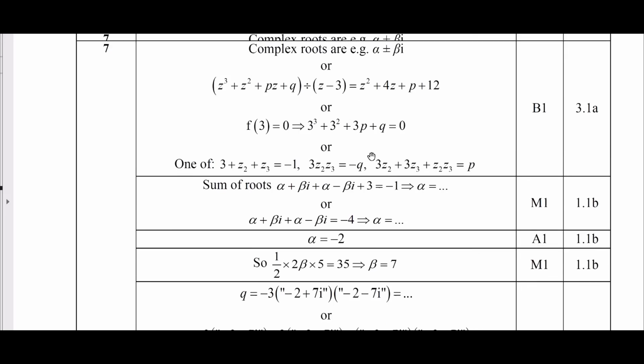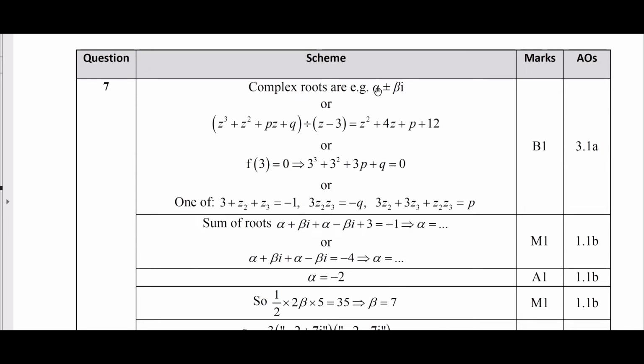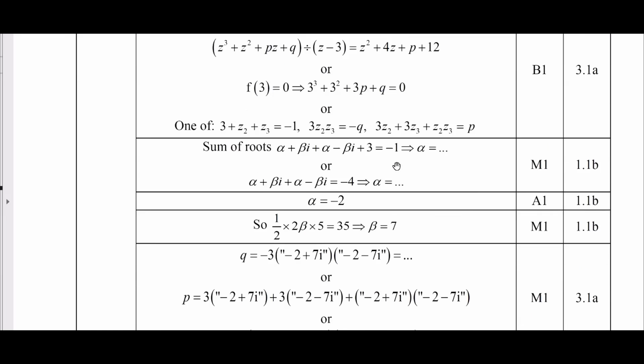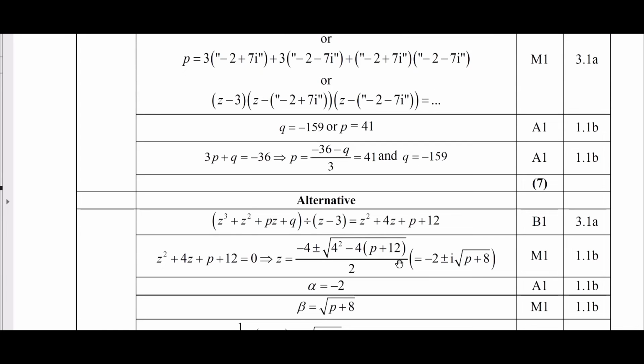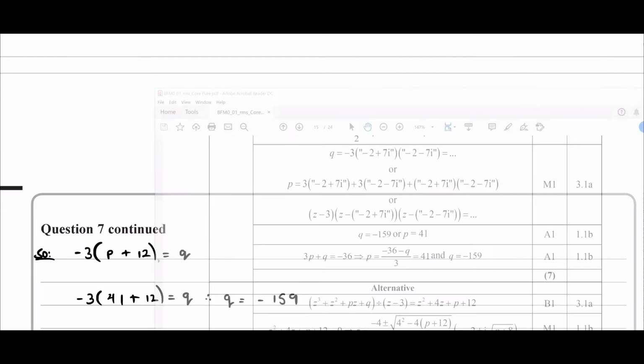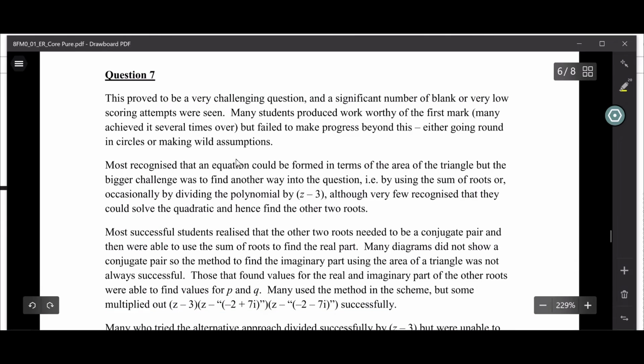I think they're just either on about stating that we have complex roots of this form, or our quadratic factors of this form, or using the factor theorem of this form. Yeah, pretty much so. What else has been said?